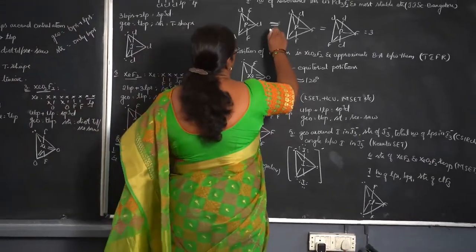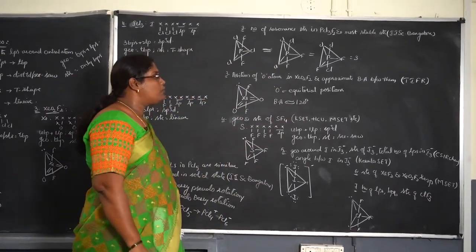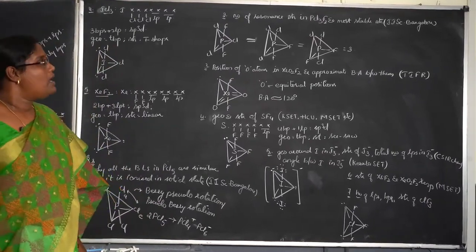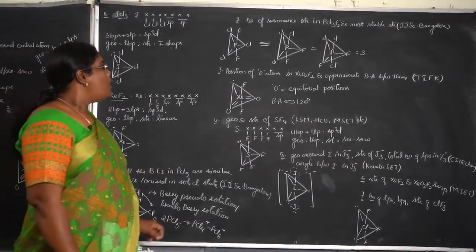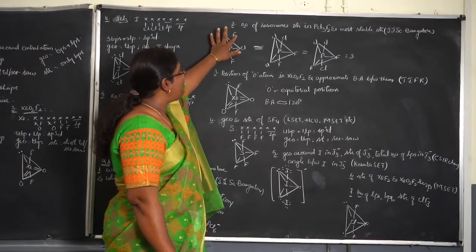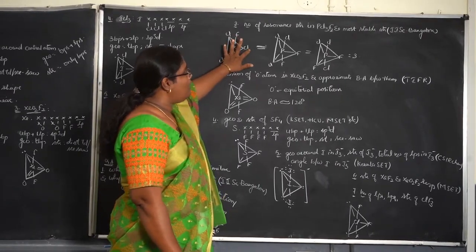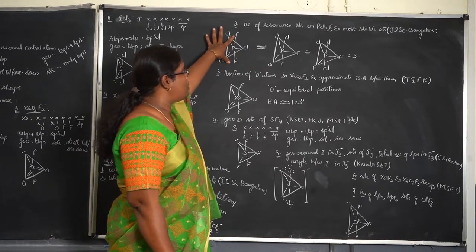Now the second question: number of resonance structures in PCl3F2 and what is the most stable structure? It was also asked in IISc Bangalore. So here, what are the resonance structures? We just have to exchange the apical bonds with the equatorial bonds. We have two fluorines in the apical positions.